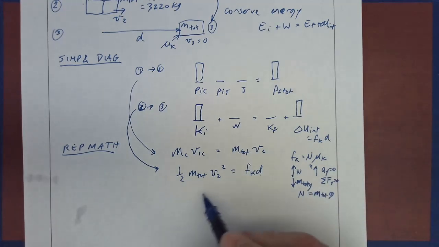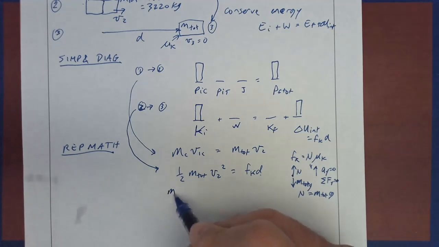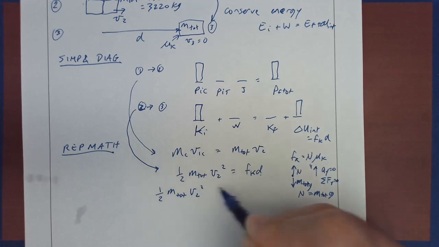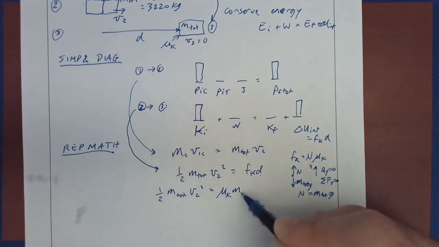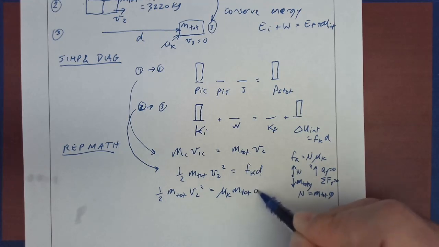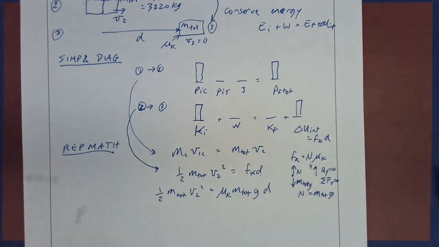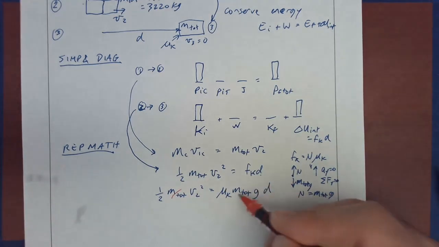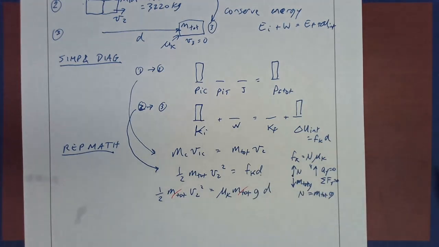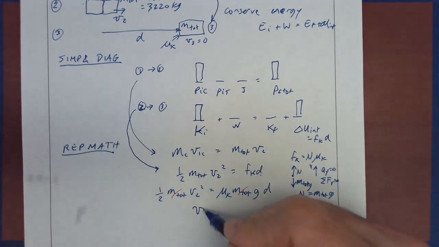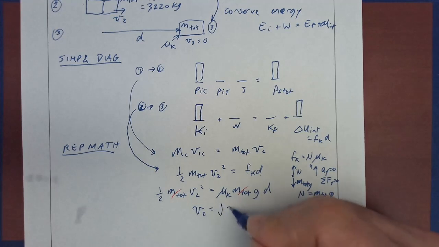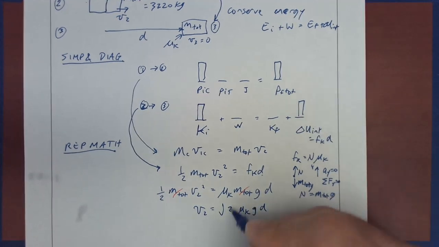So what you end up with is that 1/2 m total times v2 squared is equal to mu sub k times m total times g times d. And you can cross out the m total on both sides of that energy equation to solve for V2. V2 is going to end up being the square root of 2 times mu sub k times g times d.